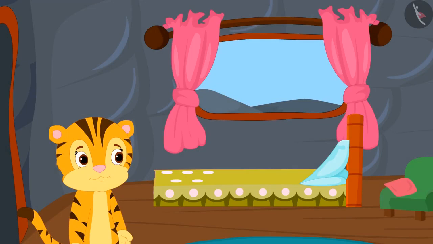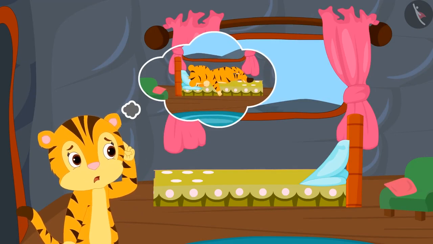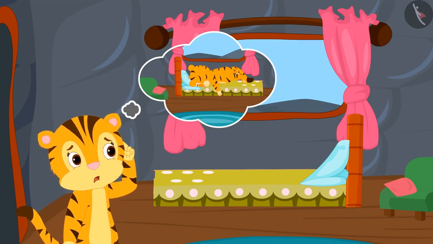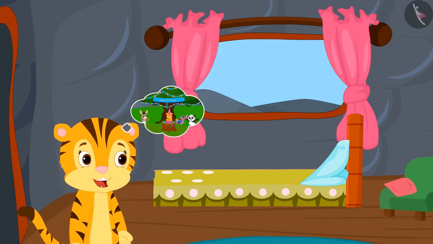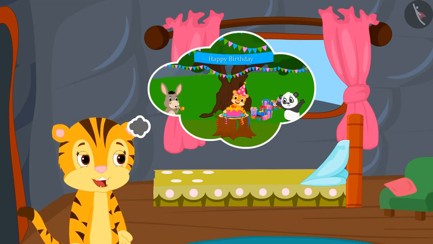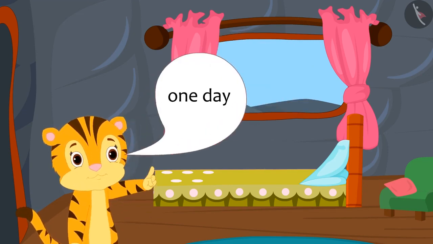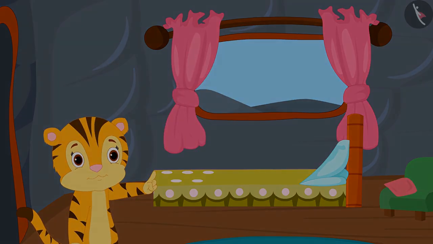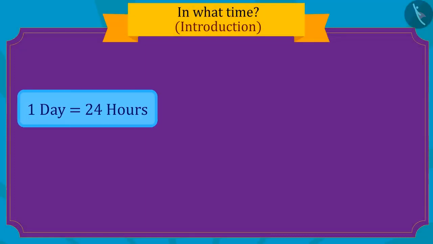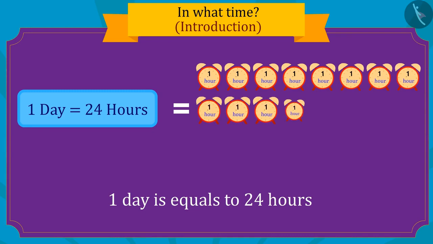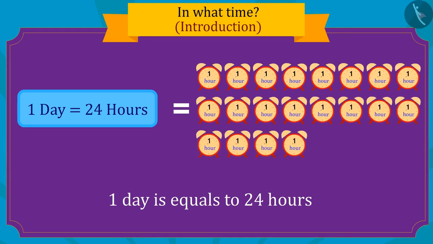Sher Khan's mother was surprised how Sher Khan went to school today without making excuses. Then she remembered that all this is probably because there is only 1 day left for Sher Khan's birthday. Do you know that 1 day is made by total 24 hours?